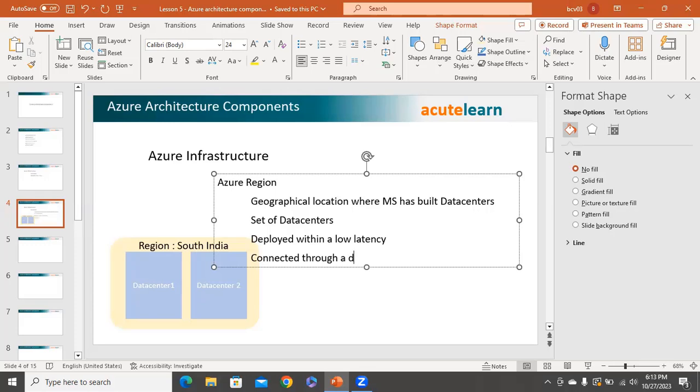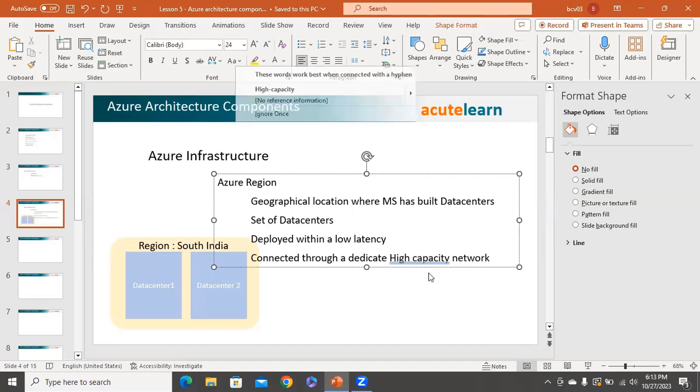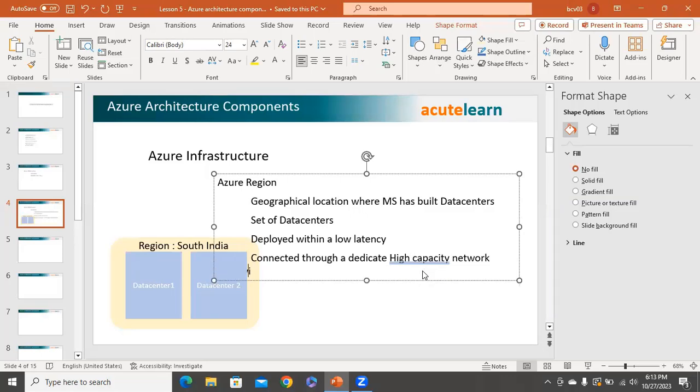These data centers are connected through a dedicated, high capacity network with high network bandwidth.